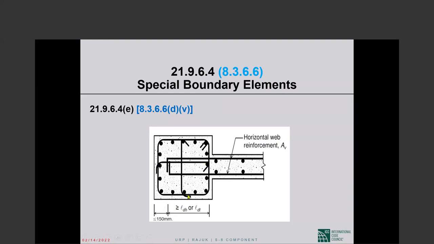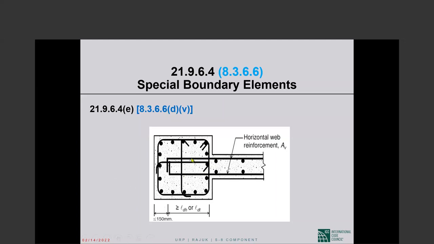So for the horizontal shear reinforcement to carry shear for you, it has to be properly anchored. And the anchorage requires that we have either hooked bar development length beyond the face of the boundary element, or headed bar development length if we are using headed bars.